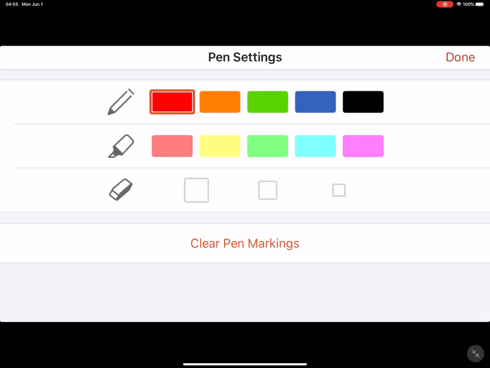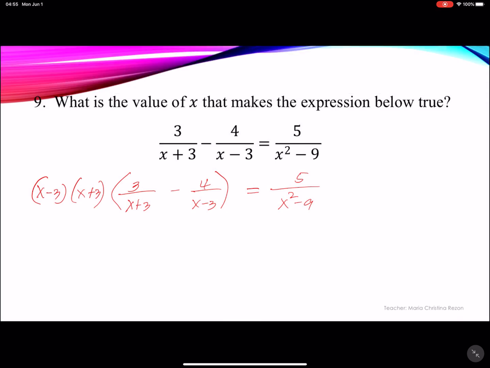I'll use another pen here so that you will understand. x minus 3 and x plus 3 is just equal to x squared minus 9. That is just difference of two squares. So in other words, I can multiply this by x squared minus 9, and then I can eliminate that, so what is left is 5.